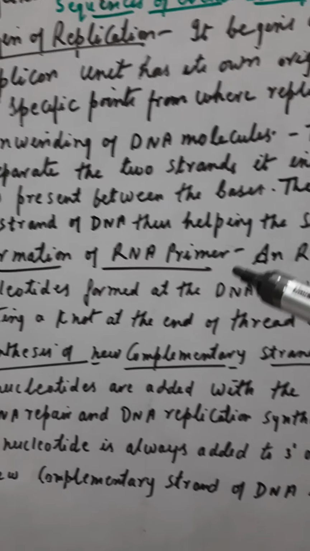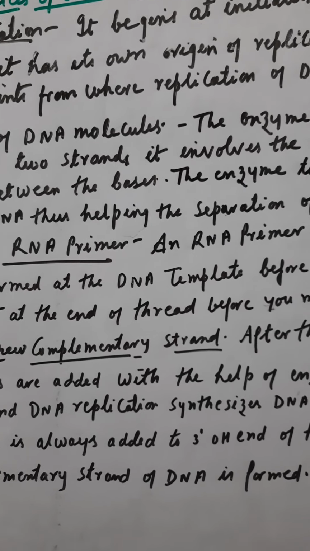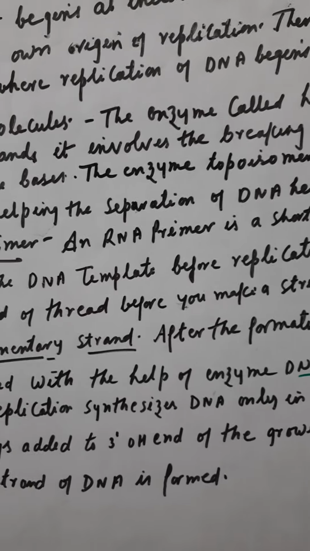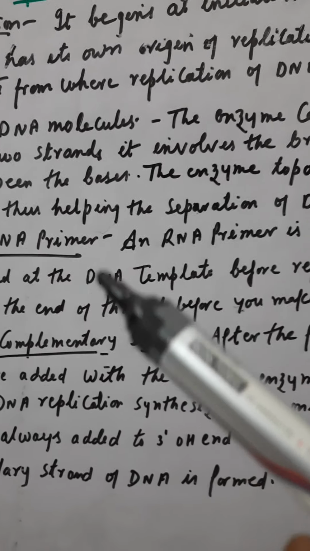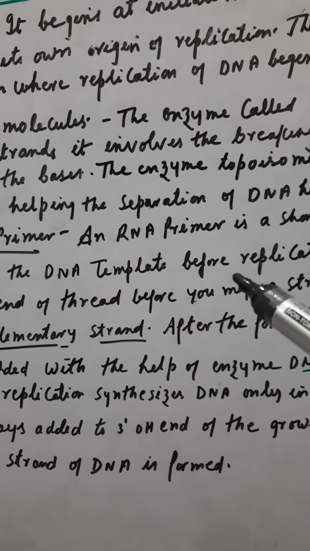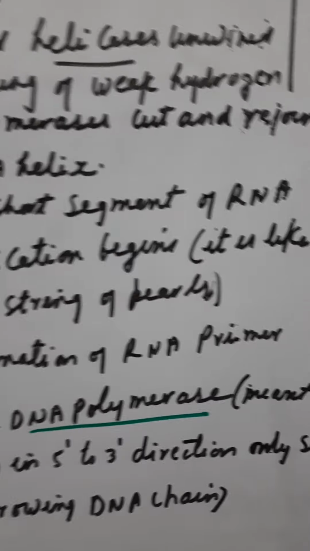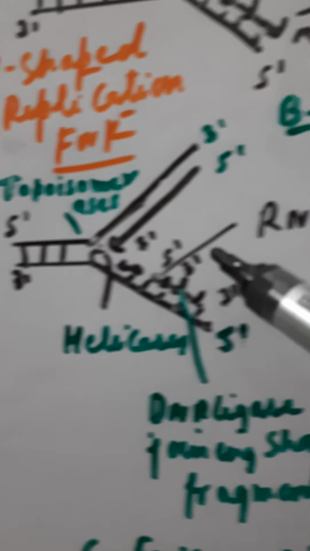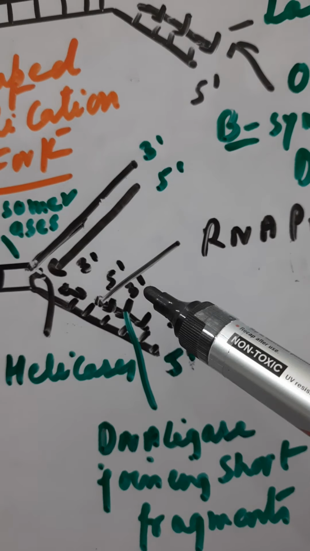Then formation of RNA primer. An RNA primer is a short segment of RNA nucleotides formed at the DNA template before replication begins. Here you can see this is the RNA primer.